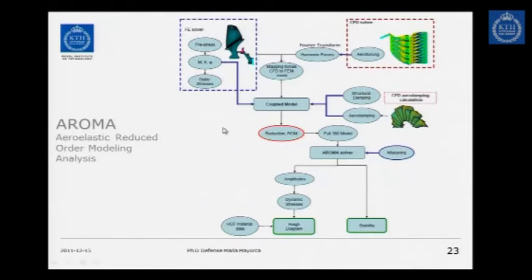So this is the overview of the tool. You have on one side finite element solvers that provide the structural parameters, which are mass and stiffness, and also static stresses if you want to do stress analysis in the future. And on the other side, we have CFD solvers that provide unsteady forces due to blade row interaction. We transform this into the harmonic domain, and then we map the two solutions together in a mapping process.